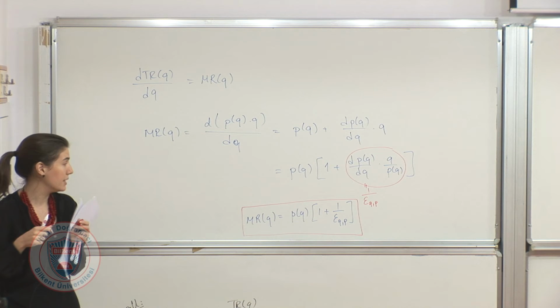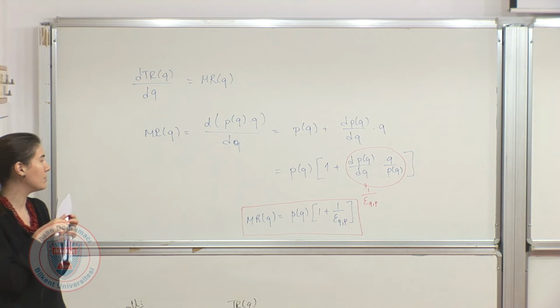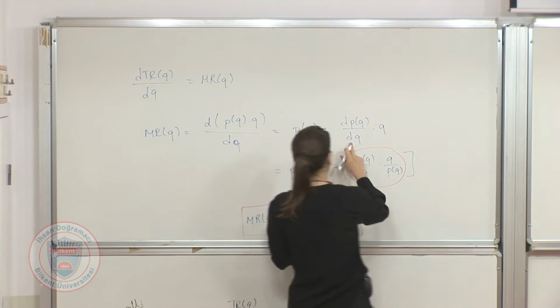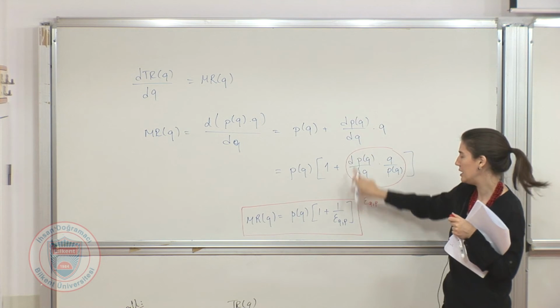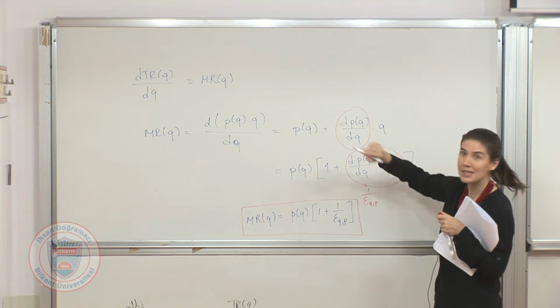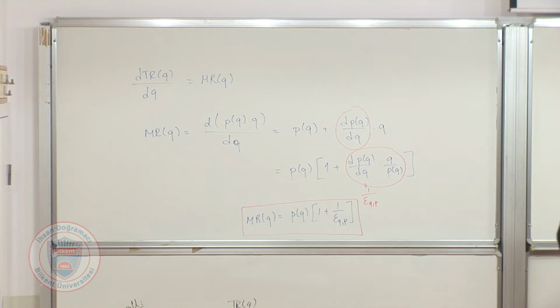Now, for instance, what can we say about marginal revenue? You told me that, Hocam, you can look at this guy here. You can say that this is negative, except for which goods? Inferior or which goods? Giffen goods, right? Remember, Giffen goods were also inferior goods, but not all inferior goods were Giffen goods.